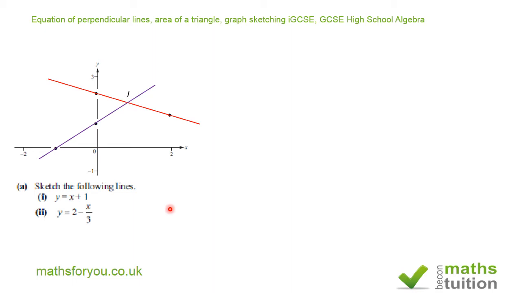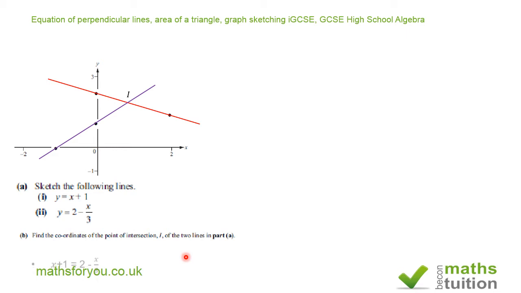Okay, right. And part B then says, find the coordinates of the point of intersection I of the two lines in part A. So we want to find the coordinates at this point here. So at the point of intersection, the x coordinates will be the same for both lines, as with the y coordinates.